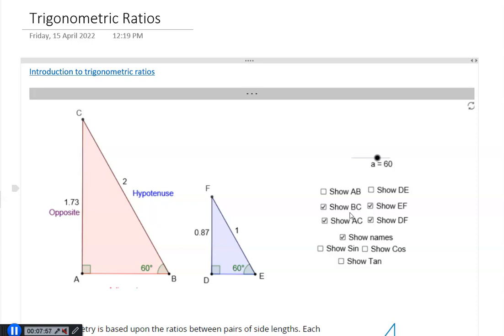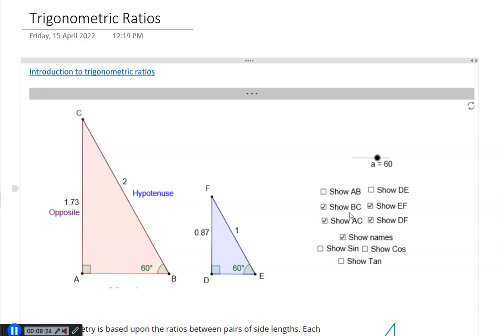Right here, could you please, with your calculators, so everyone needs their calculator in front of them. All you're going to be doing is pushing buttons, you don't have to write anything, okay? In the large triangle, the left-hand triangle, could you do the ratio opposite divided by hypotenuse? Just put that in your calculator for me. Is that 1.73 and 2?